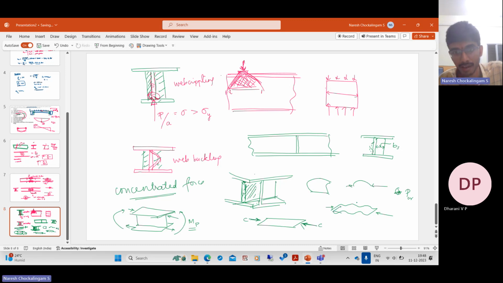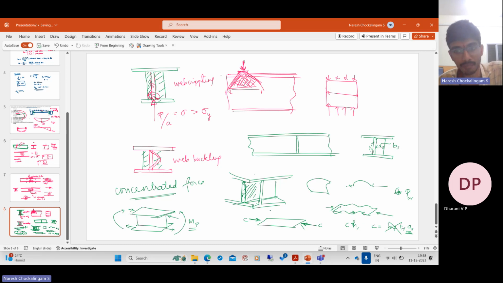Once it buckles, you cannot treat the moment capacity as compression into H, where compression is given as BF into TF into sigma Y. This becomes invalid because it has buckled locally and cannot achieve the yield stress. Before even achieving the yield stress, it buckles. Therefore its capacity is low. It reduces the moment capacity of the section and can eventually lead to failure.